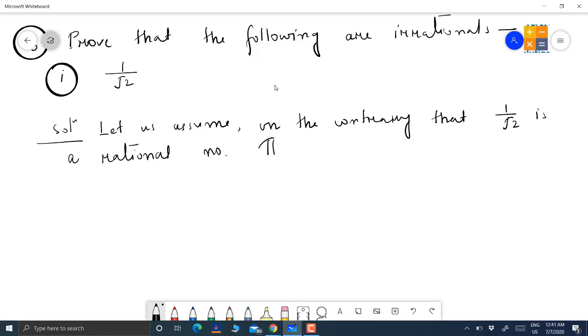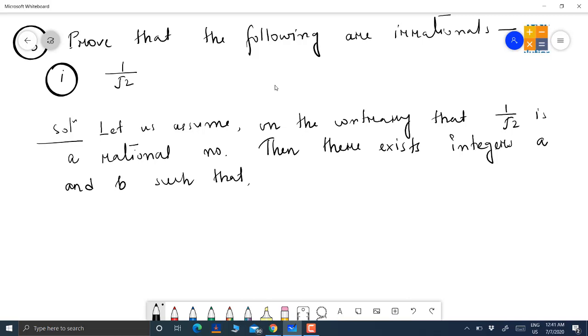Then there exist integers a and b, such that, now by definition of rational numbers, what can we put here? 1 by root 2 is equal to a by b, where b is not equal to 0.